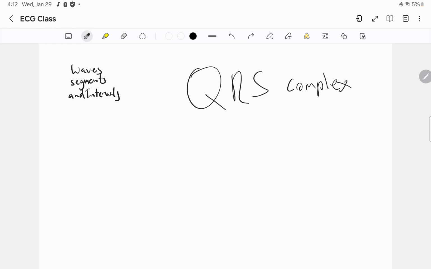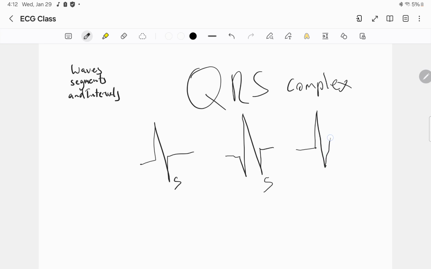And then any negative deflection after an R wave is an S wave. So this is an S wave, this is an S wave. This is an S wave too, to be honest. So any negative deflection after an R wave is an S wave.